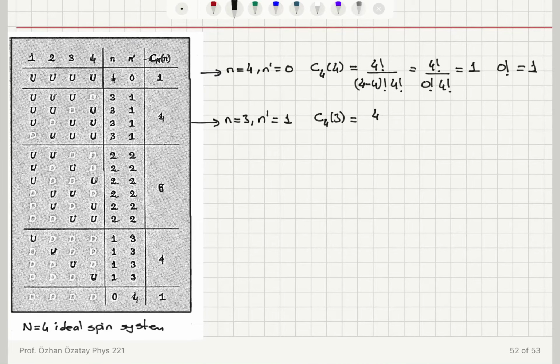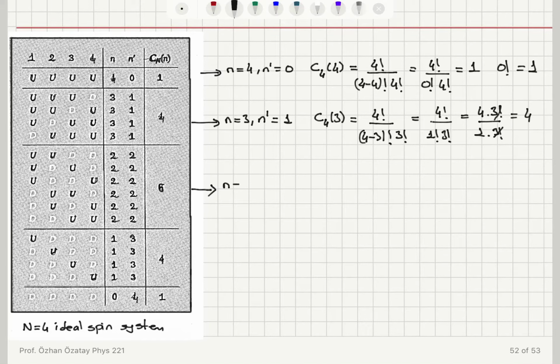It is N factorial over (N minus n) factorial, n factorial. So this is going to be 4 factorial over 1 factorial, 3 factorial. That is 4 times 3 factorial over 1 times 3 factorial. These will cancel. I will find indeed the number 4. So let's try it one last time for this one.